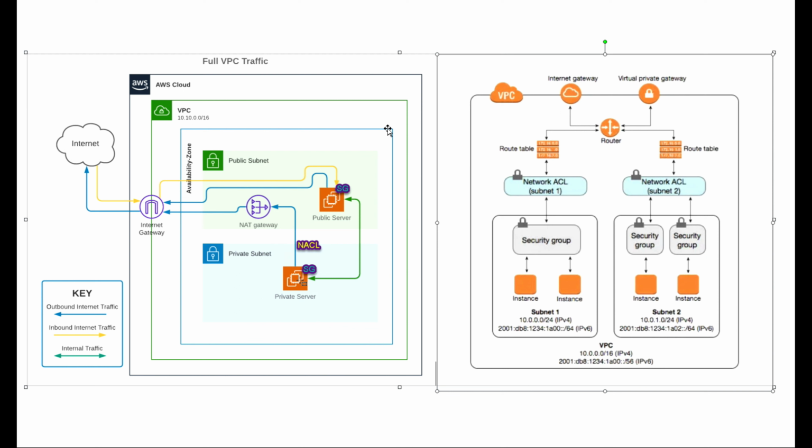The option is to set up a NAT gateway inside the public subnet, and the private services sitting in the private subnet can go to the internet via the NAT gateway.